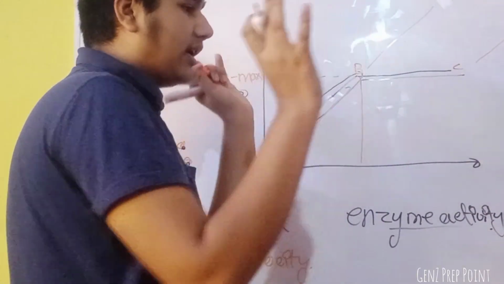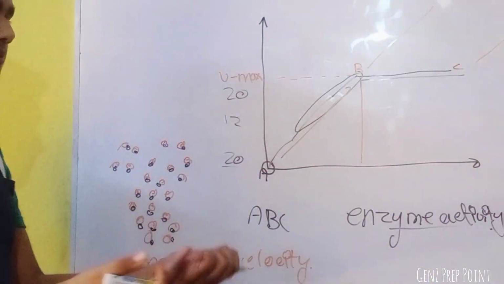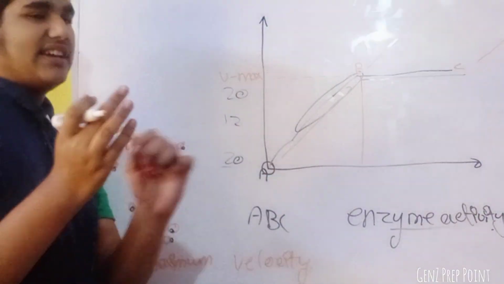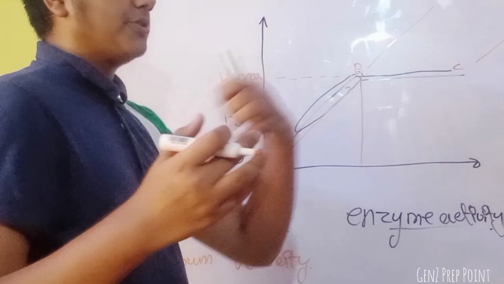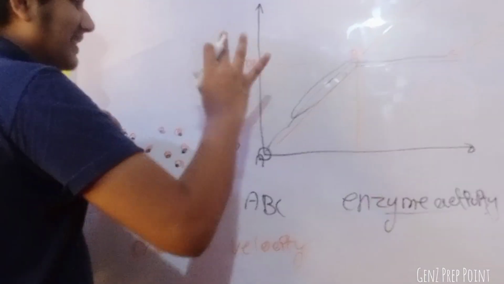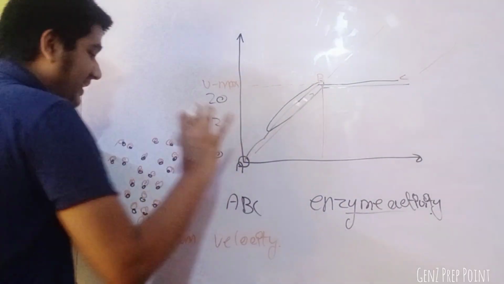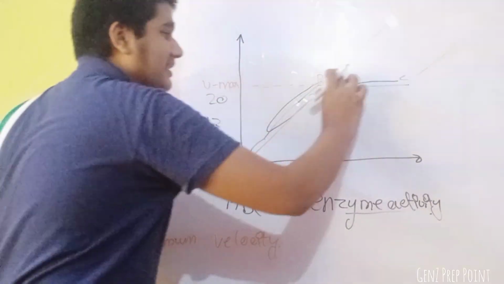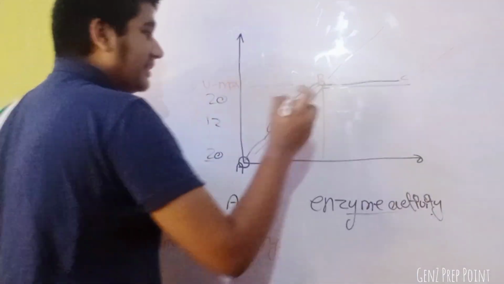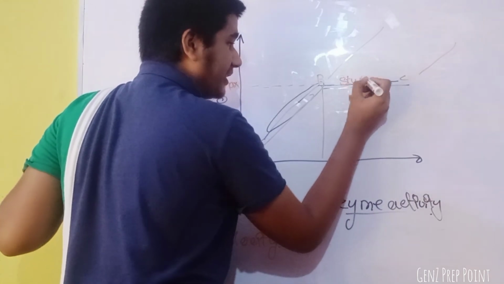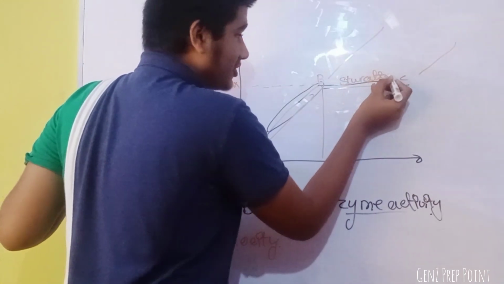If you take a car example, the maximum velocity of a normal car, like a Pakistani car, will go to like 200 miles per hour. So that's the maximum speed it can go. So this was the maximum speed these 20 enzymes can go. All the enzymes get busy at this point. So we say this is the saturation point. What do I mean by saturation point?